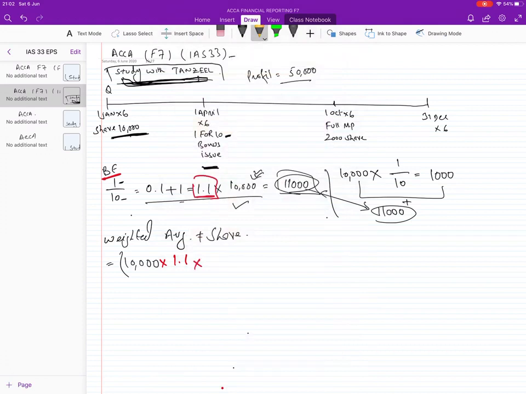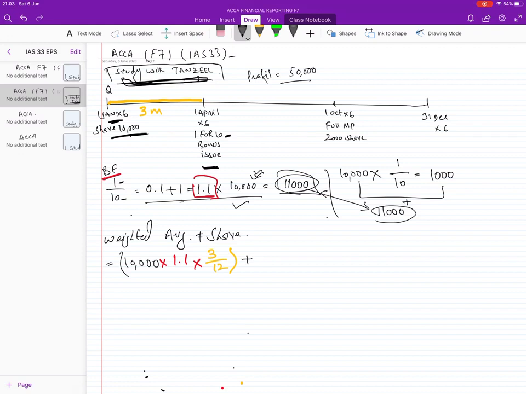From January till April, January, February, March, it means 3 months. I repeat, 10,000 shares you were having before, multiplied by the bonus fraction, because we take effect from the very first day, which is January. And how many months is it outstanding? 3 months. So take effect for 3 months.